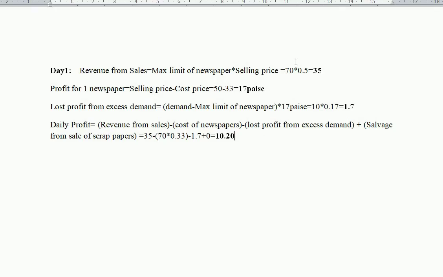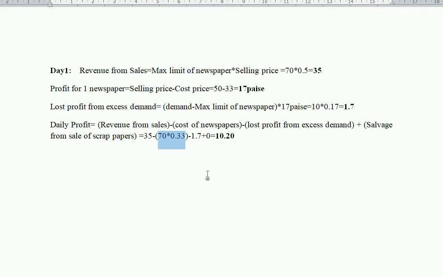Revenue from the sales is 35. The cost of the newspaper is 70 into 0.33, because they purchased 70 papers for 33 paisa.